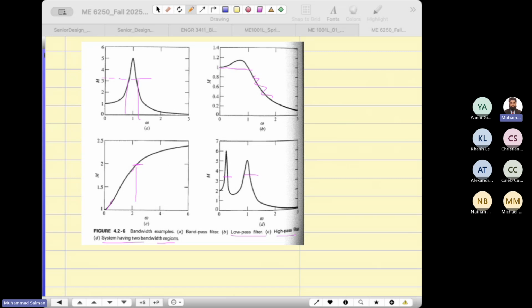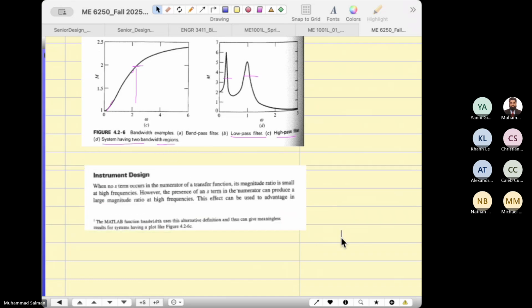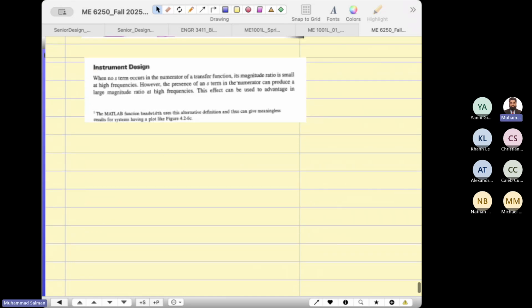So how do you design instruments when you want to find out the resonance? And here's the example of a vibration instrument.